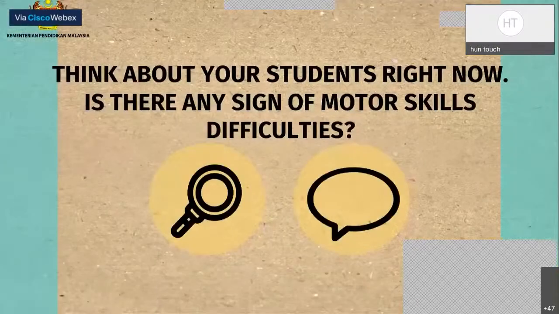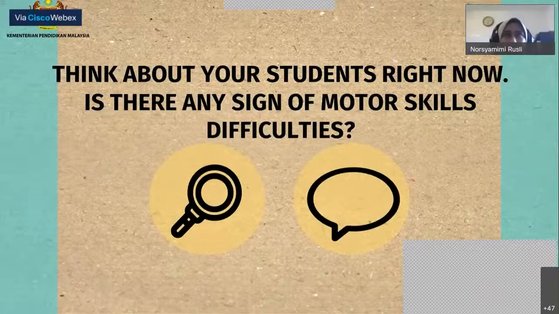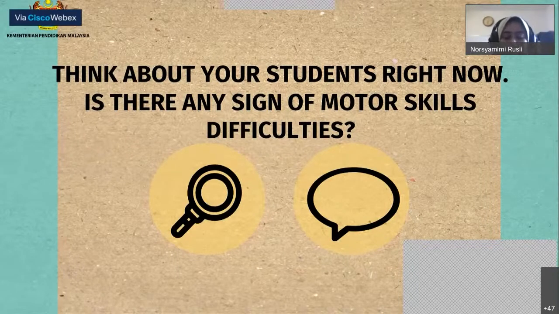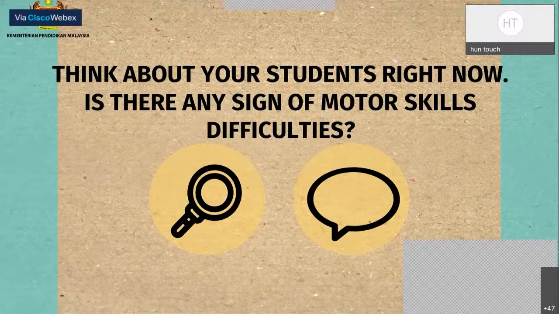So think about your students right now. Think about one of your students. Is there any sign of motor skills difficulty that you think your student is going through? Can you give me an example?